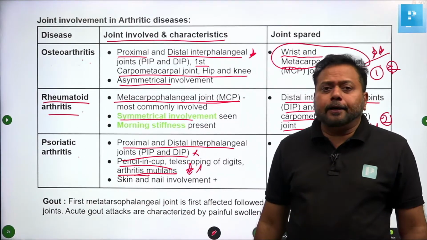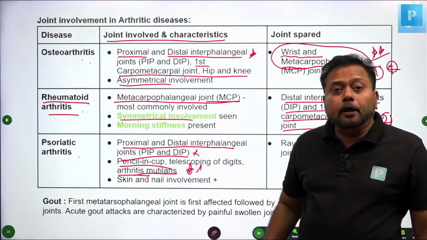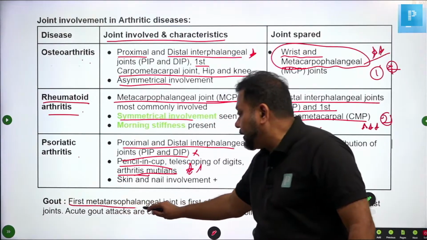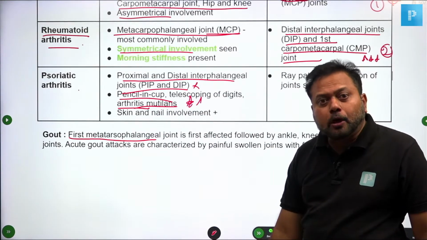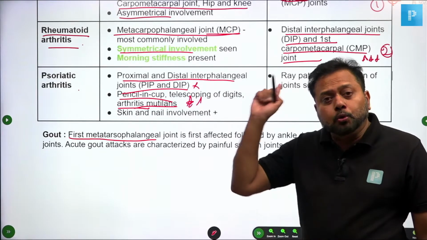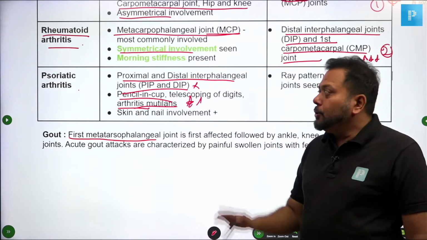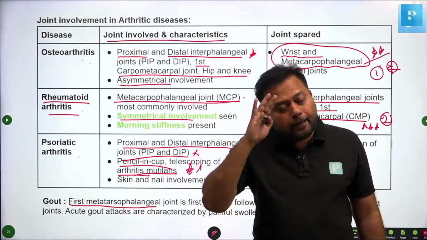In gout, the common joint involved is the first metatarsophalangeal joint, the great toe. In pseudogout, the most common joint involved is the knee joint. All these points are last minute revision and very important.